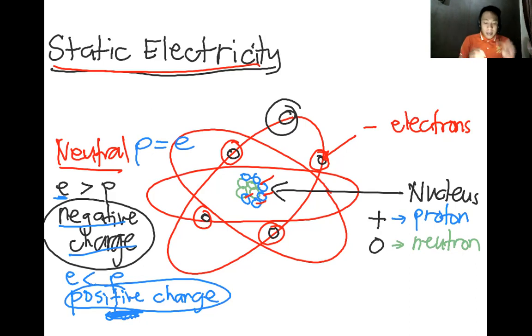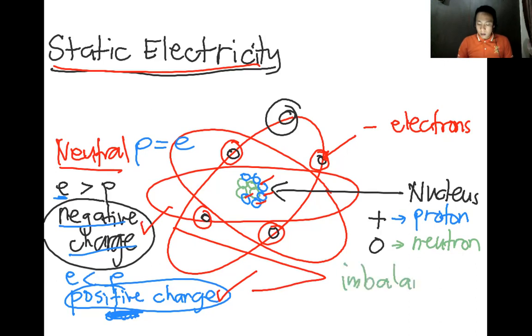Now, I will get the two presentations here about protons and electrons, and I will relate that to static electricity. I will choose these two, one, two. Why? Because these two are talking about imbalance.